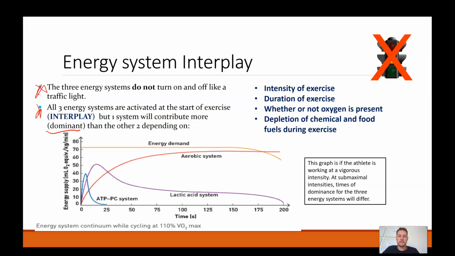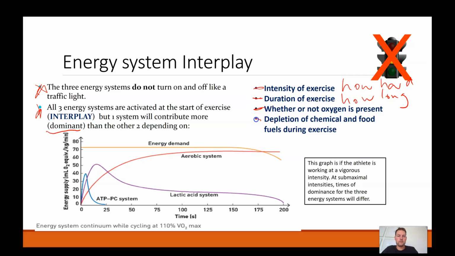Ways we can work out which energy system is dominant at a certain point in time are the intensity of the exercise, so how hard we're working, and duration, which is how long. Another thing we need to consider is whether or not oxygen is present. If there's no oxygen present, we're going to have to use one of those anaerobic energy systems, which don't use oxygen.